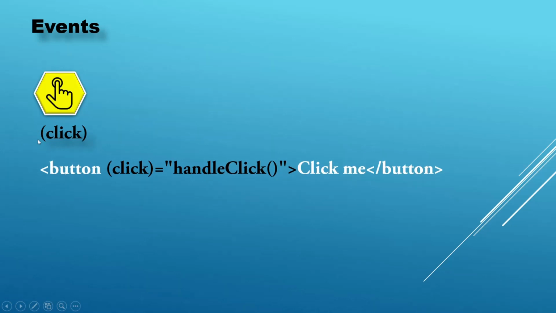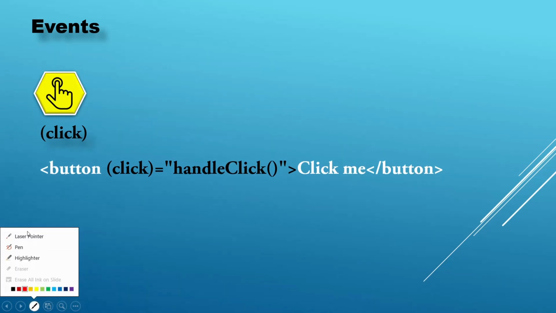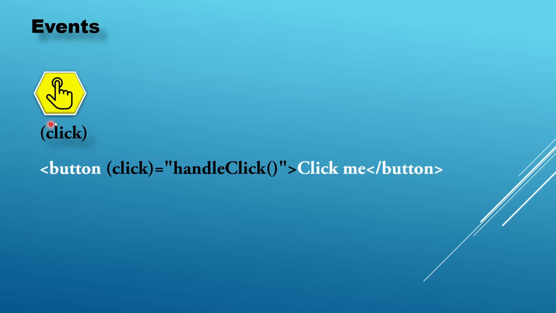Whenever you write this in your HTML file, it will say click, which means this is an event binding. At that time it will check this function, handleClick. The compiler will see that this is a click event, so whenever you click the mouse or click on the button, the handleClick in the TypeScript will be called.